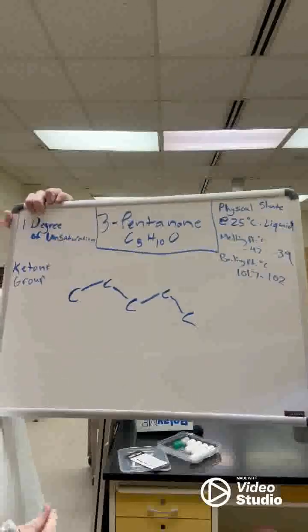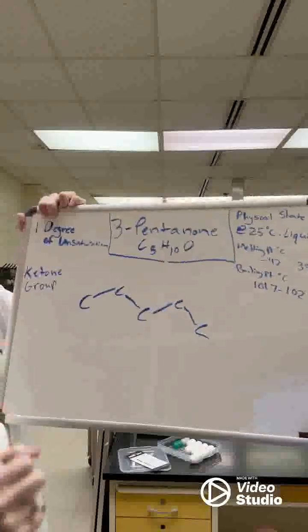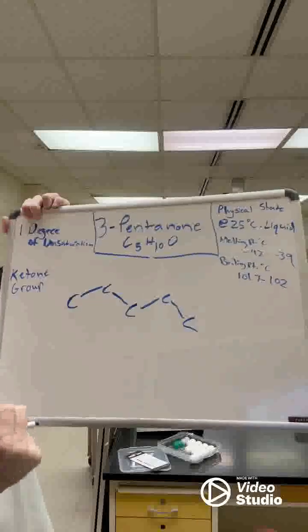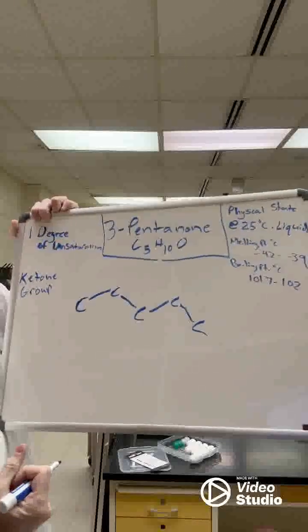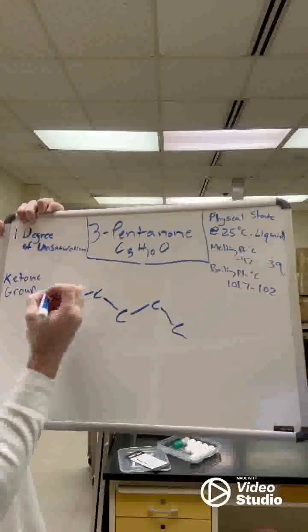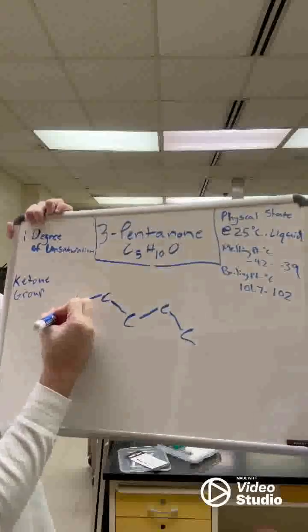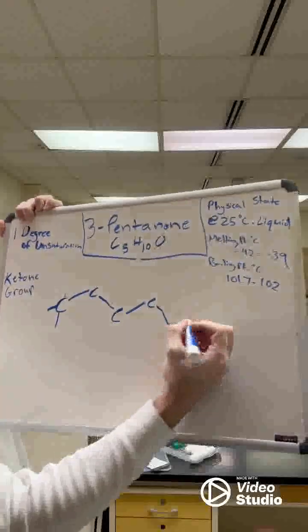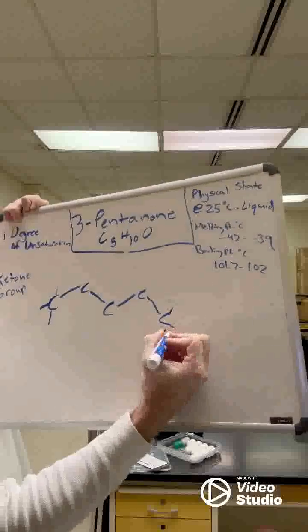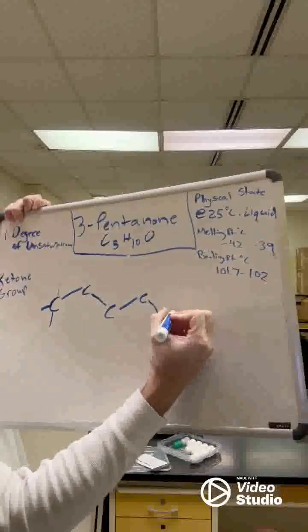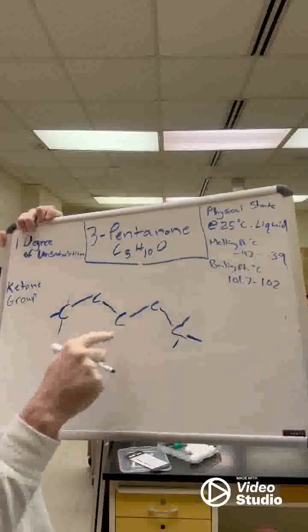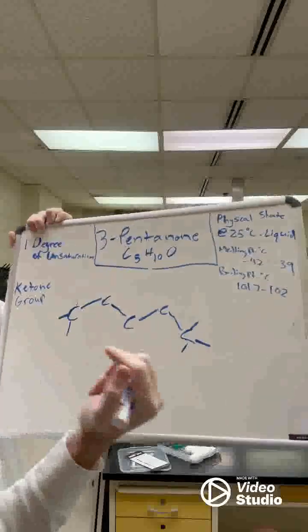Now we'll go on filling in our hydrogens just to see where everything forms. So we'll go with our 3 hydrogens on the end here for both carbons, because we do notice symmetry with our molecule already.